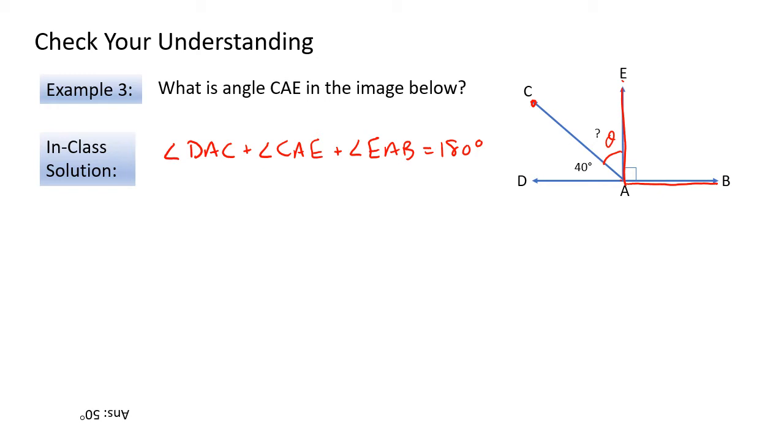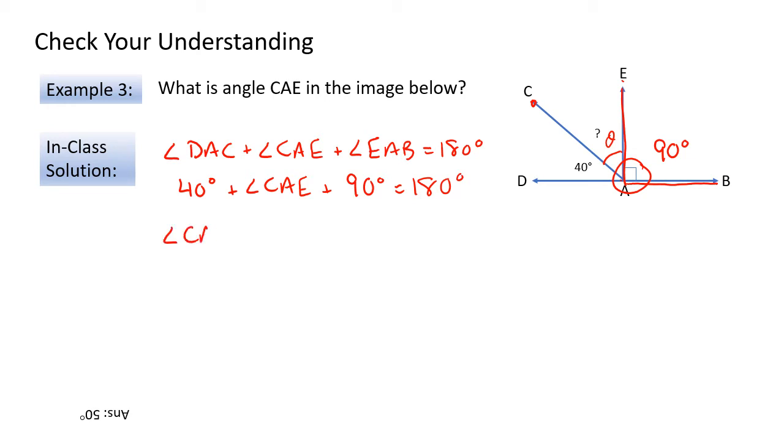So only one number is listed, but we actually know 2 angles. Remember, that square on the angle means that this has to be 90 degrees. So angle DAC is 40 degrees, plus angle CAE, which we don't know what it is, plus angle EAB, which is 90 degrees, has to equal 180 degrees.